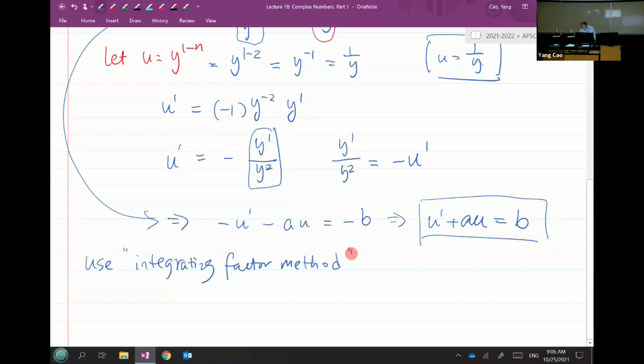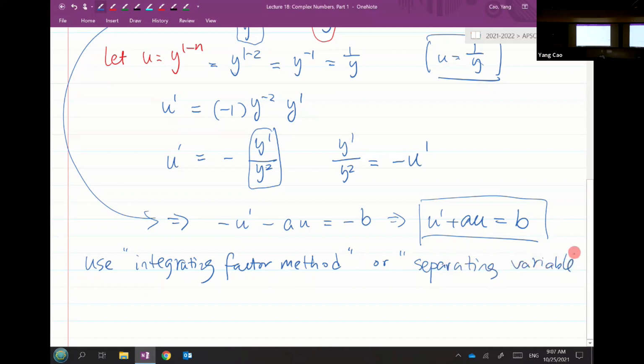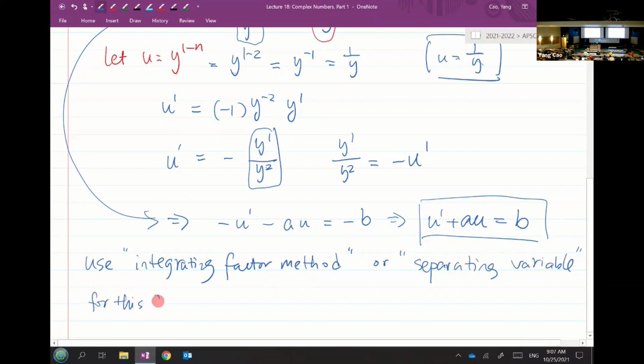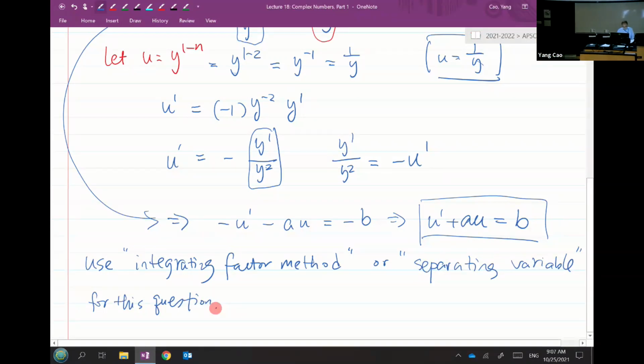You could also use a separating variable approach to solve this. But in general, the integrating factor method will work for a non-homogeneous first order linear ODE. In this case, you can also use the separating variable approach. Both approaches should work for this question.